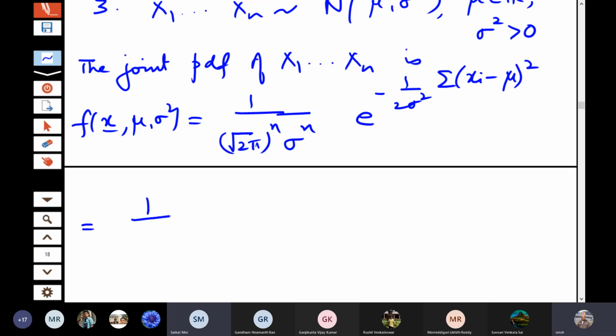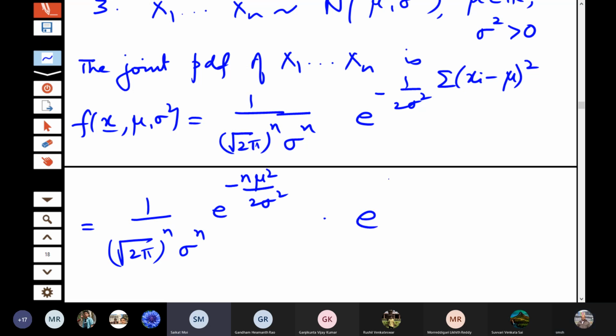This we write as 1 by root 2 pi to the power n sigma to the power n e to the power minus n mu square by 2 sigma square, then e to the power n mu x bar by sigma square minus 1 by 2 sigma square sigma xi square.